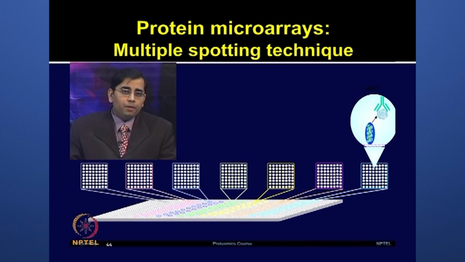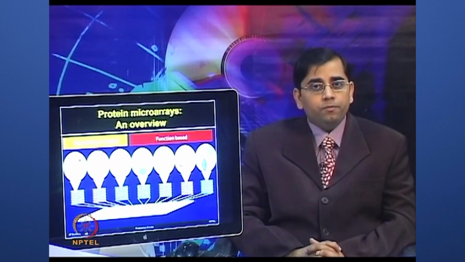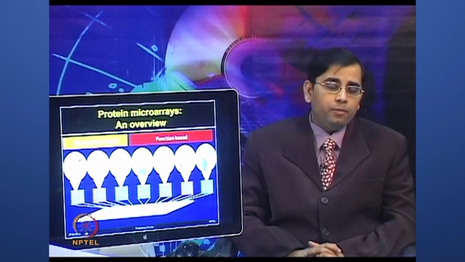So, the mixed or multiple spotting technique involves in situ expression of unpurified PCR products, and the cell-free lysates are printed on top of this spot, so that both in vitro transcription and translation can be performed on the chip surface. So, we have seen the different types of microarray platforms available.